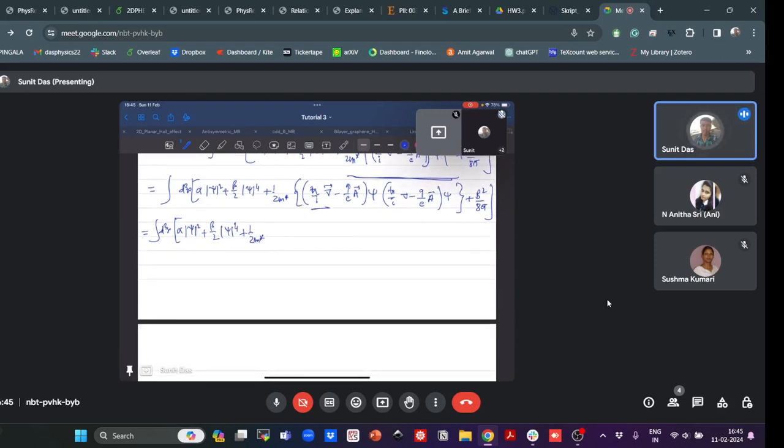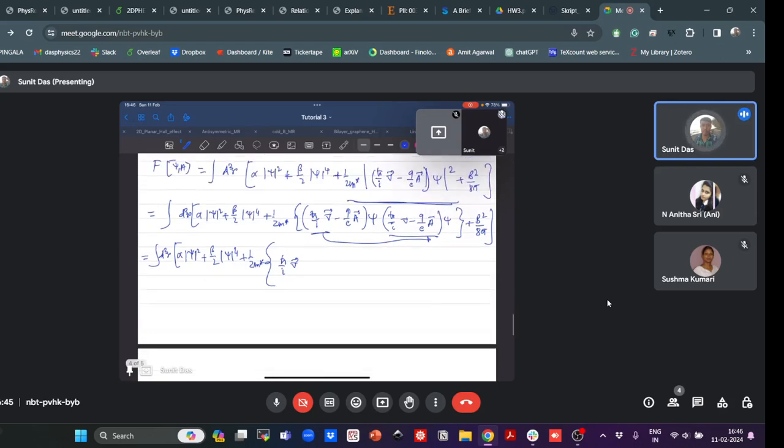So this part and the total part, right? So h by i gradient. Okay, so this is mod square since the complex part is involved. So this will be like the complex conjugate of this, right?